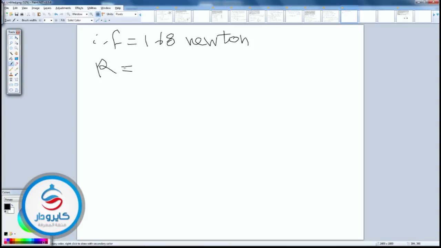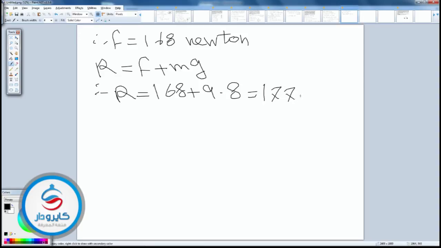R equals F plus mg. Therefore, R equals 168 plus 9.8 equals 177.8 newtons.